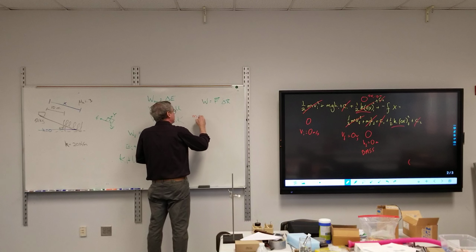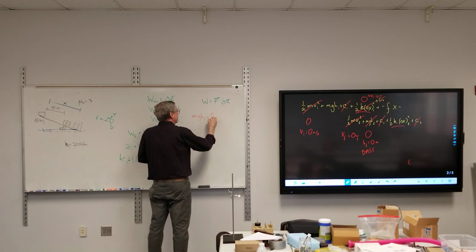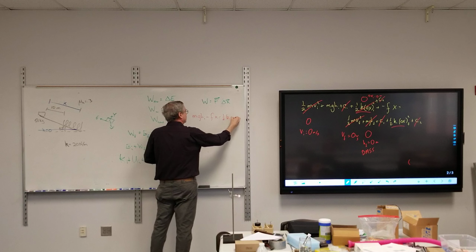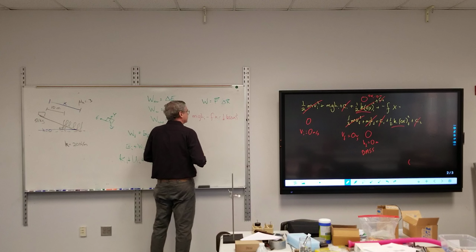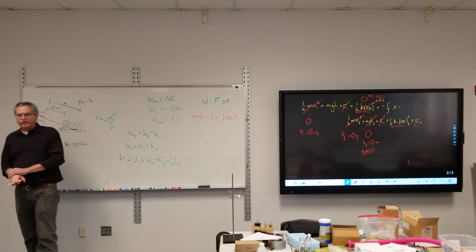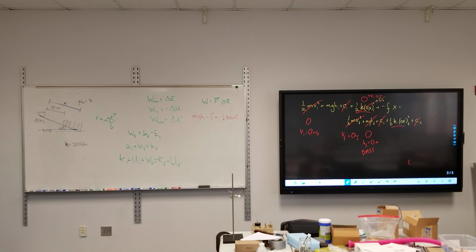So I have mgh initial minus fx is equal to 1/2 k delta x squared. What's the relationship between x and delta x? I heard a voice over there, but I couldn't understand what was said. I think they're the same? They are not the same.